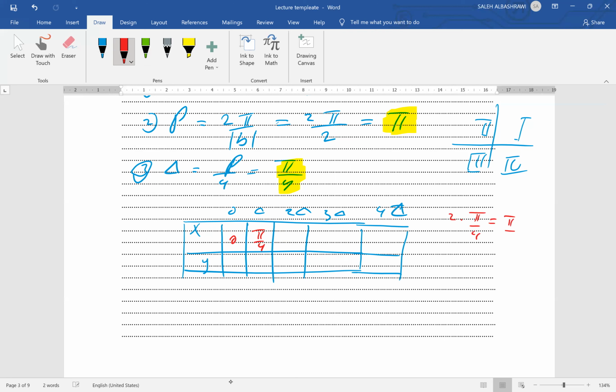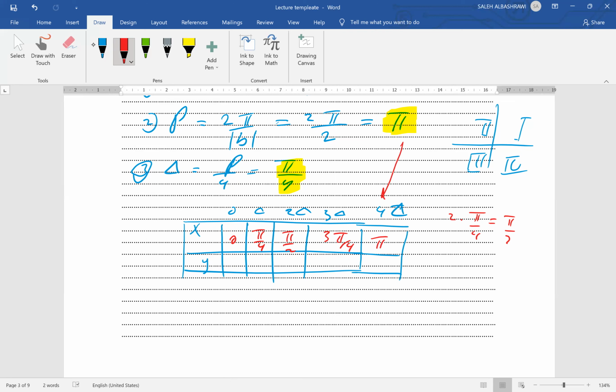That will be pi over 2. 3 delta will be 3 pi over 4. And 4 delta will give me 1 pi. So the last point will be the period itself. Start with 0, and the last one will give me the period.